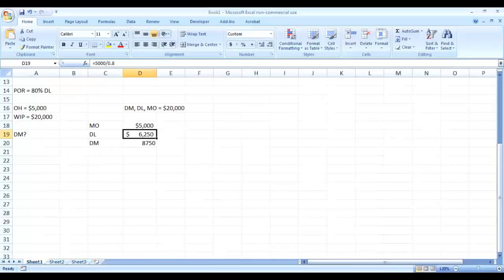The 6,250 itself? Yes. Yeah, so if we know that $5,000 is 80% of direct labor, what we're saying there is overhead, well, I'll just represent that as the 5,000, equals 80% times direct labor, right? So if we divide both sides of that by 80%, we can come up with our direct labor.